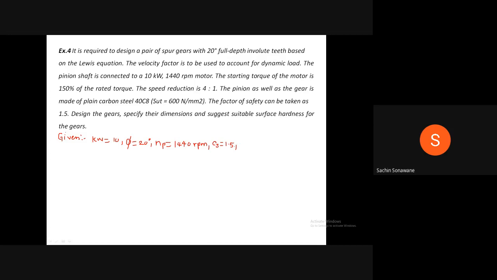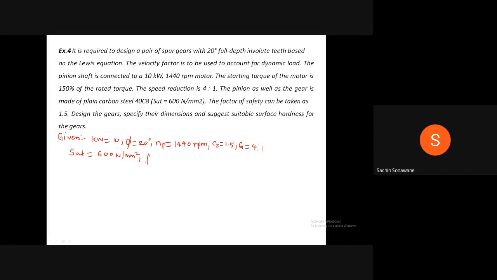Then speed reduction, that is gear ratio G is equal to 4:1. Then they are given SUT is equal to 600 Newton per mm square.